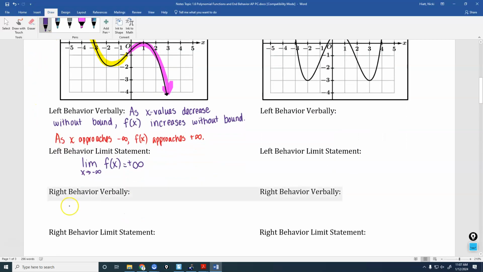So we would say this time x is getting bigger, right? So as x values increase without bound, f of x, and since we're going down, we would say f of x decreases without bound.